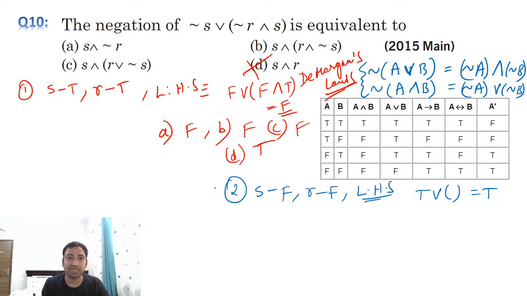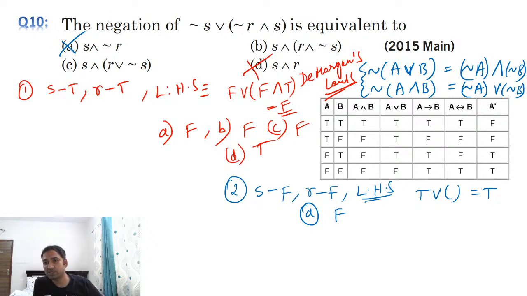In the options, option D already got eliminated. Now let's verify option A. Option A is becoming false, so option A got eliminated. Understood how I eliminated option A? Because false and true is false only, but LHS should be true for this particular substitution.